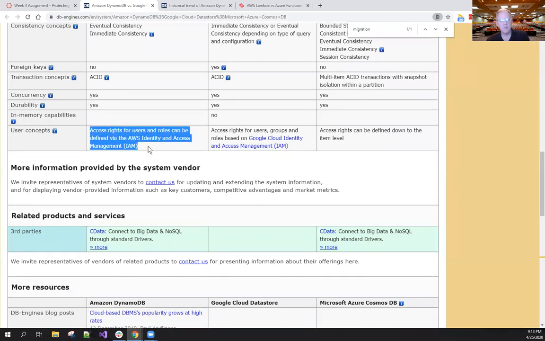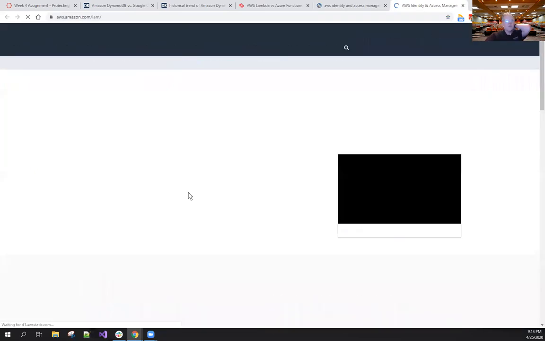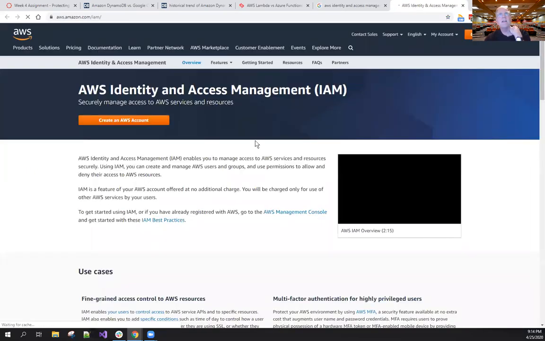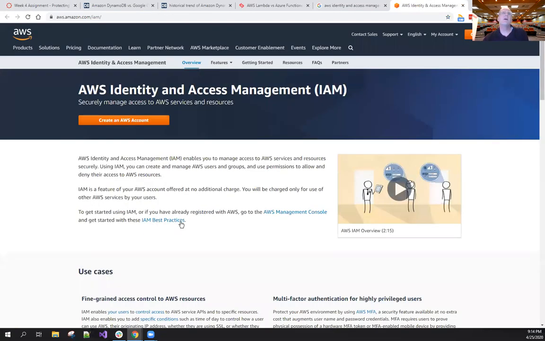This is where the discussion of ACL is concerned. So I'll talk about this now. Okay, so what this is, identity and access management. It's going to solve this problem right here, ACLs. And this is how you basically manage users.